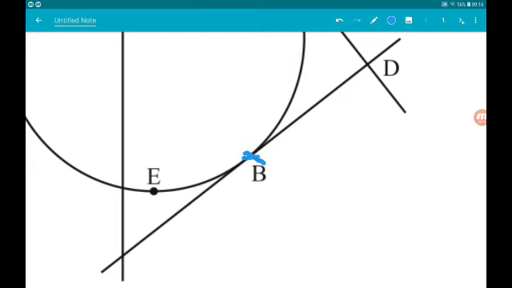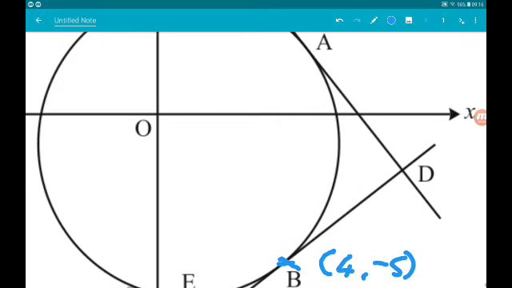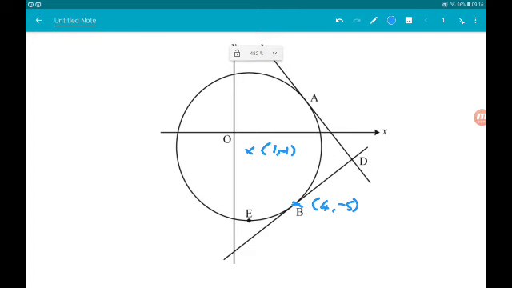We know this is (4, -5), and we know the centre of the circle is going to be about there-ish. We know that has coordinates (1, -1). Cool.